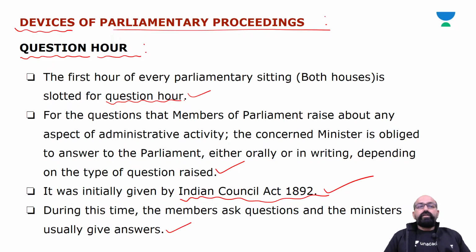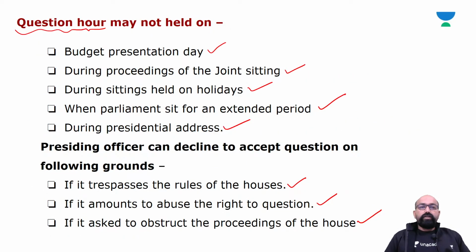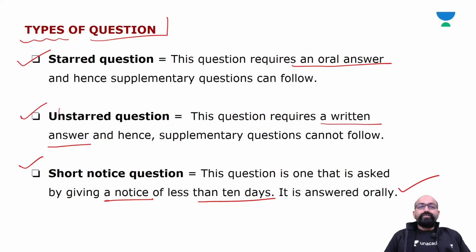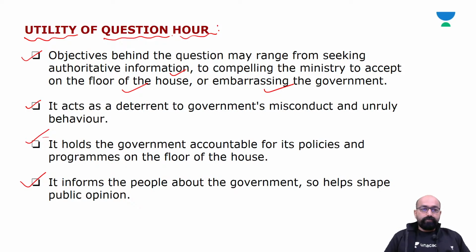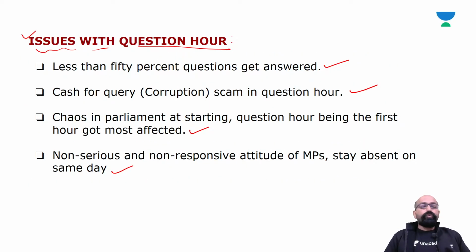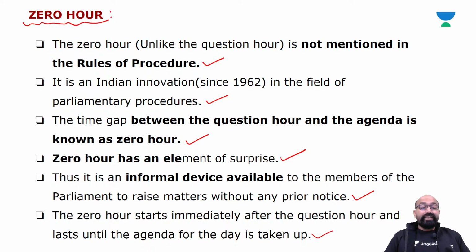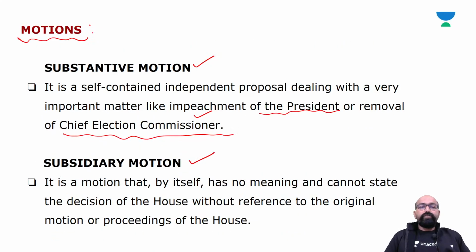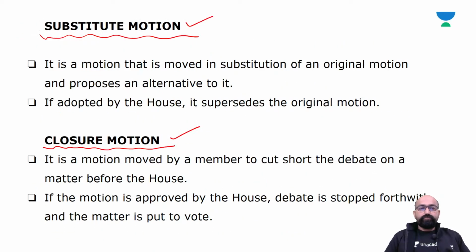After that, we covered devices of parliamentary proceedings. Question hour, in which we covered types of questions: starred question, unstarred question, short notice question. Then utility of question hour, issues with question hour, then zero hour, then various motions.